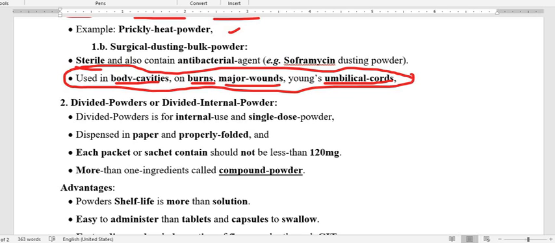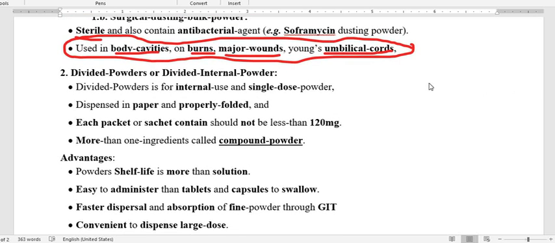Now we have to go through the divided powder that we already discussed. The divided powder is mainly for internal use, is for a single dose, and is wrapped in paper, in a properly folded packet, and each dose should not be less than 120 mg.